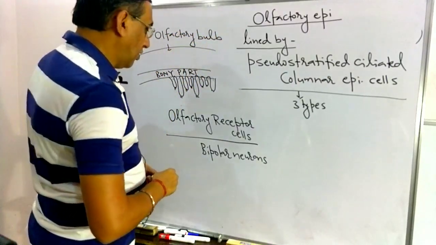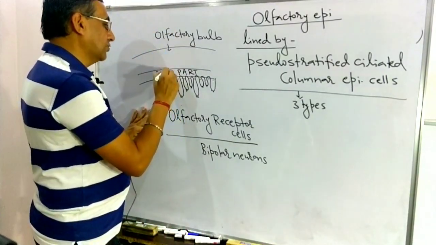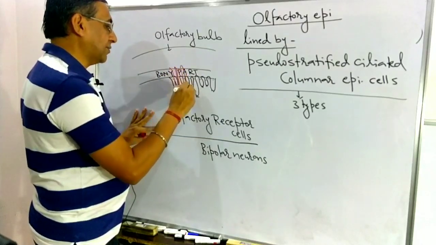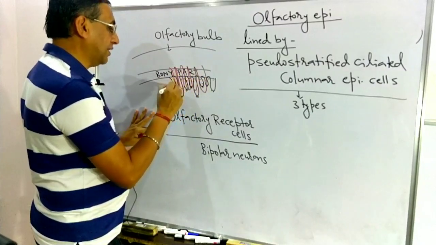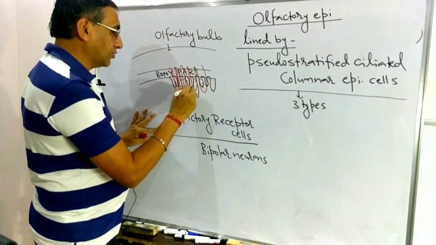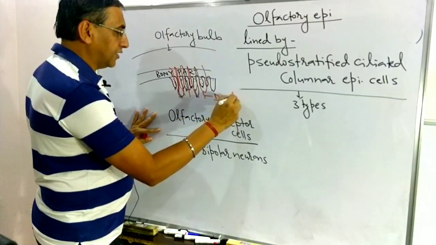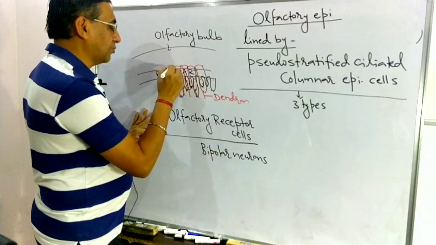So the olfactory receptor cells are present here, and they are bipolar neurons, so they have the dendron. This one is known as the dendron here. And just see, their axon is present on the posterior side.